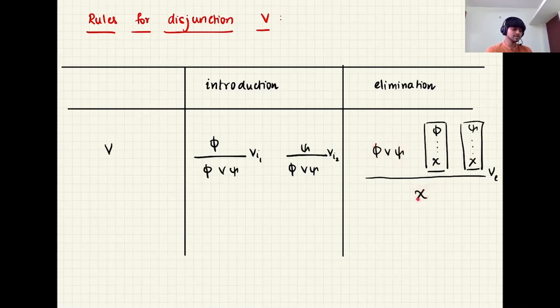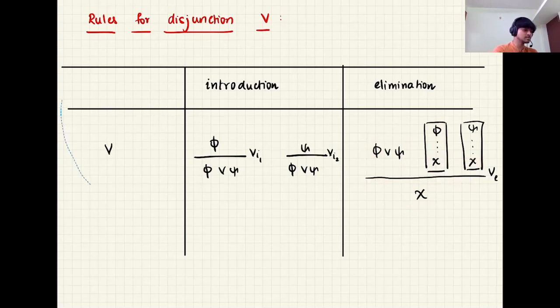Okay. I don't remember whether this is chi or xi, it doesn't matter. Okay. So I have phi or psi. Starting from both of them, I am able to derive this chi. So then I can just derive chi. Okay. So let's see some examples and then it will be clear.